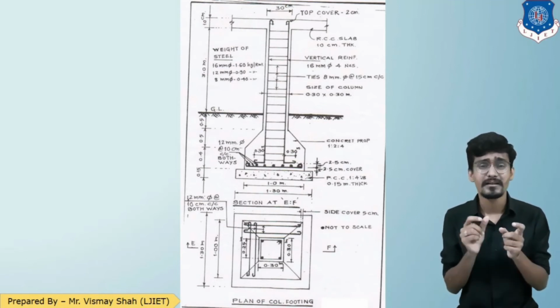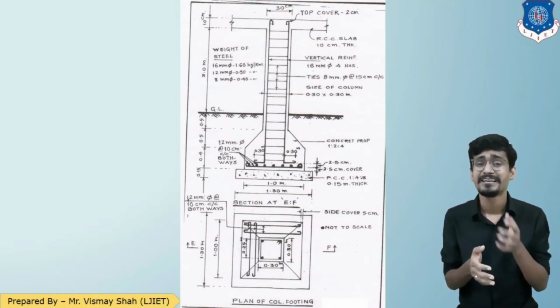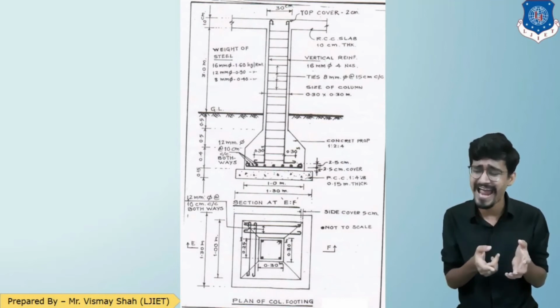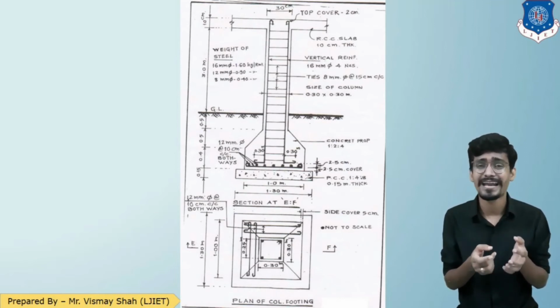So that L shape length is 0.3, and this vertical reinforcement has a 180 degree hook at both the ends. So we need to add 18D.